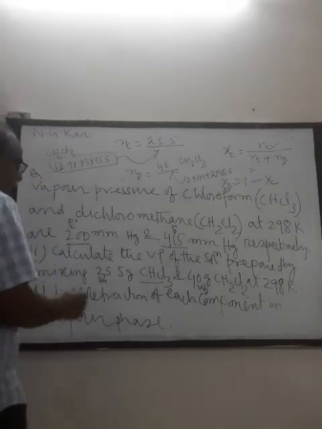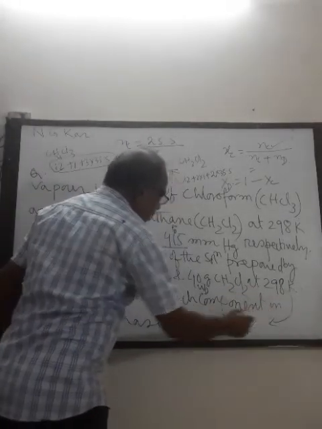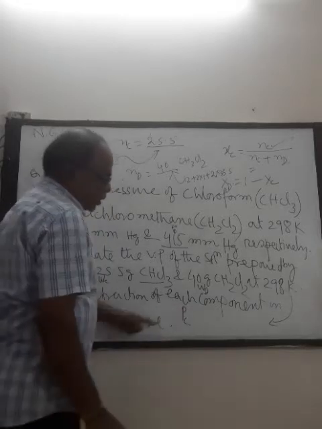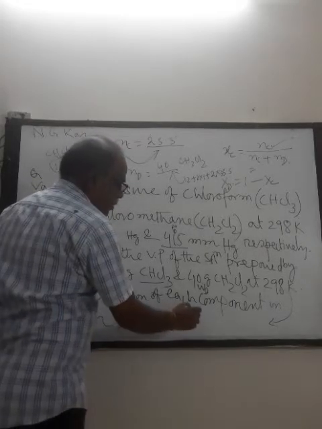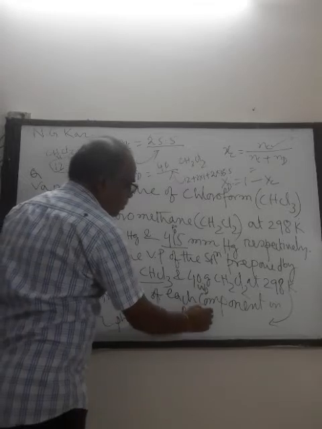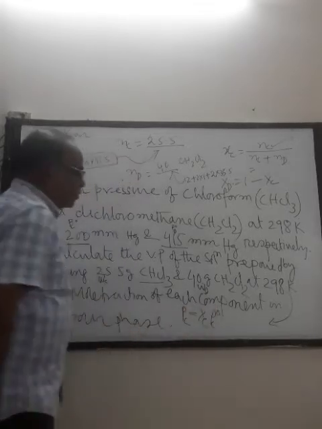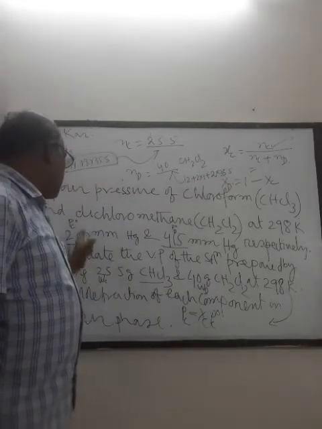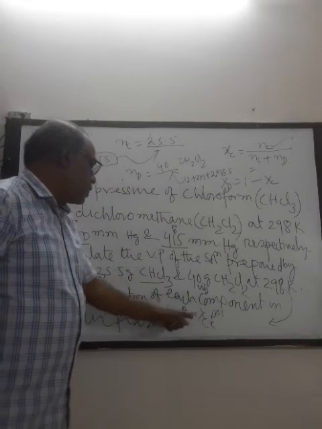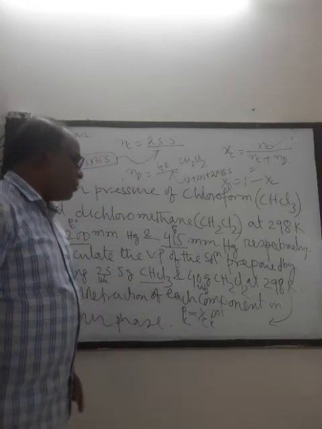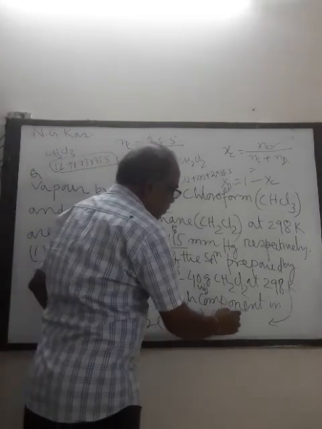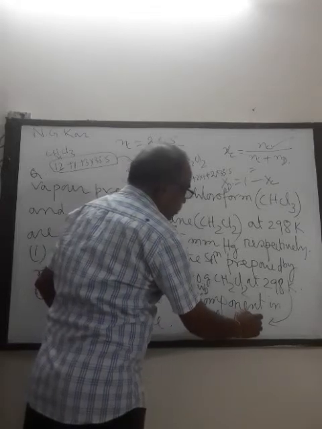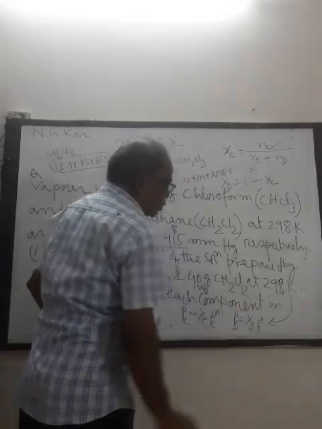And then use this formula. Partial pressure of chloroform equals mole fraction of chloroform into PC naught, where the mole fraction of chloroform is obtained from this relation. Then we get the partial pressure of chloroform. Similarly, partial pressure of dichloromethane equals mole fraction of dichloromethane into vapor pressure in pure state.